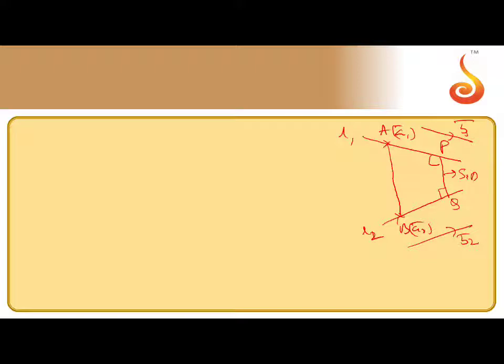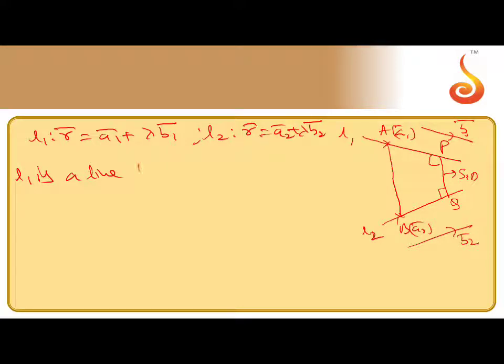First, L1 is the line r bar equal to a1 plus lambda b1. L2 is the second line, r bar equal to a2 plus lambda b2 bar. So L1 is a line passing through A1 and parallel to vector b1 bar.